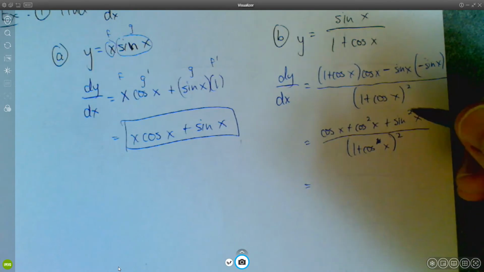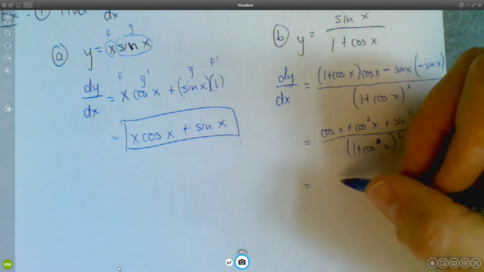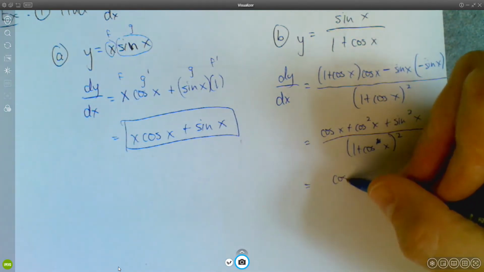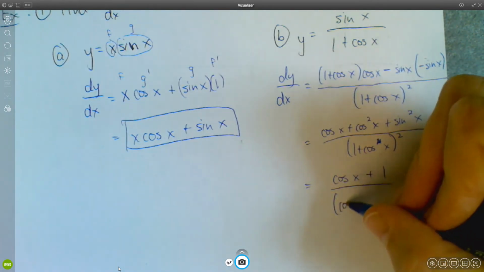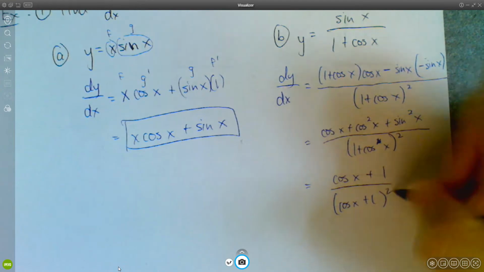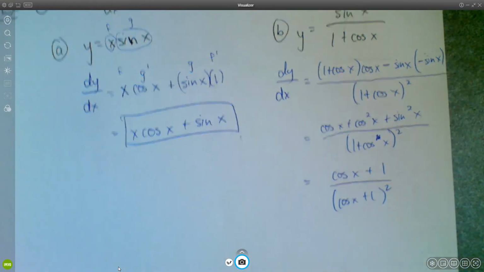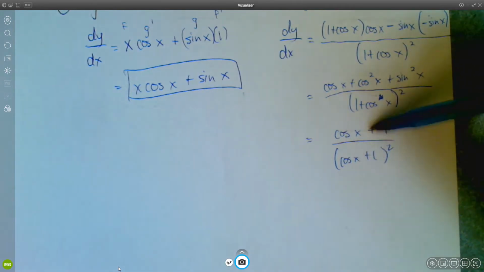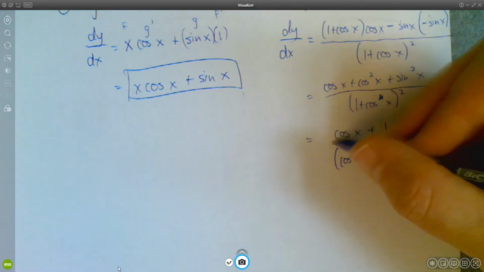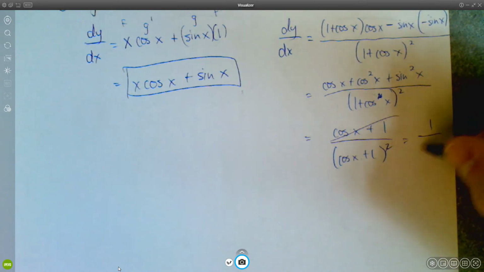So this is really nice. So this is cosine x plus 1 over cosine x plus 1 squared. I just rearranged the terms down there in the denominator, but I did that to make it absolutely crystal clear that this is the same thing as that. So you can cancel off one of them, right? And you get 1 over cosine x plus 1. Ooh, I love it.